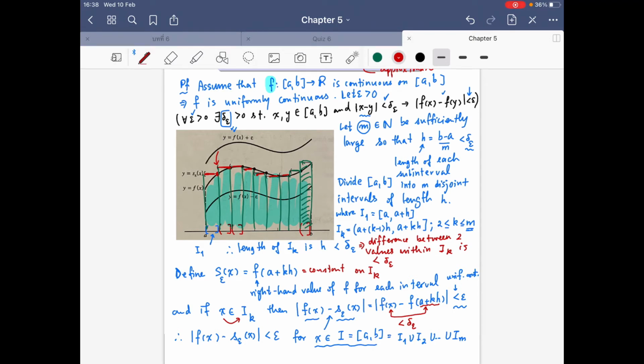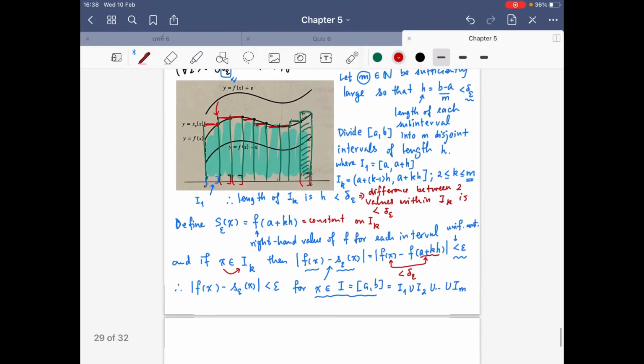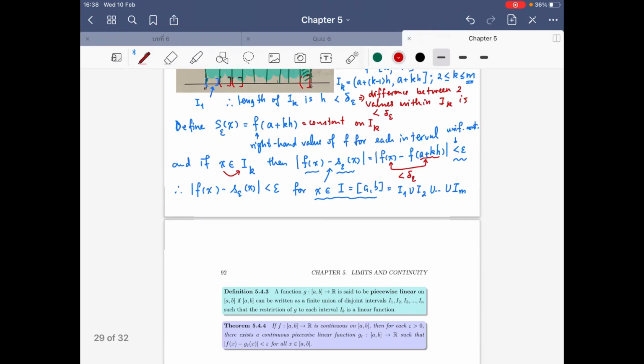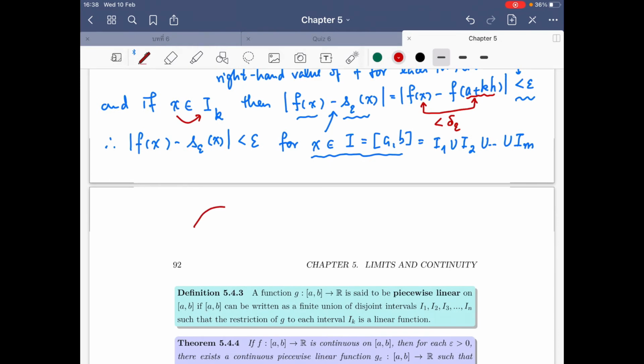So the next idea is that if we have a given curve like this, we are going to again subdivide it into several pieces, and for each piece we are going to approximate it by a linear function, a straight line connecting each dot like this.